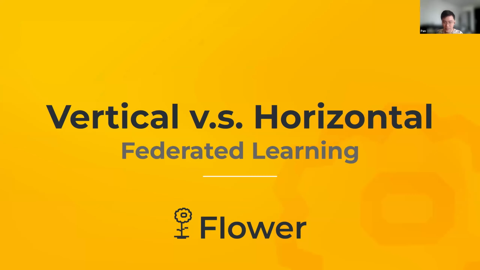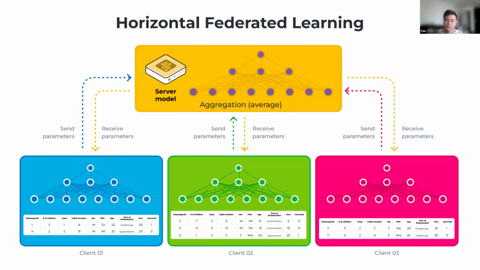So, as requested earlier, I'm also happy to talk a little bit about the difference between vertical federated learning and horizontal federated learning. The most iconic way of doing federated learning is horizontal federated learning, where we assume that we have a bunch of clients, each client has some data, and the server can broadcast the global model parameters to all the clients.